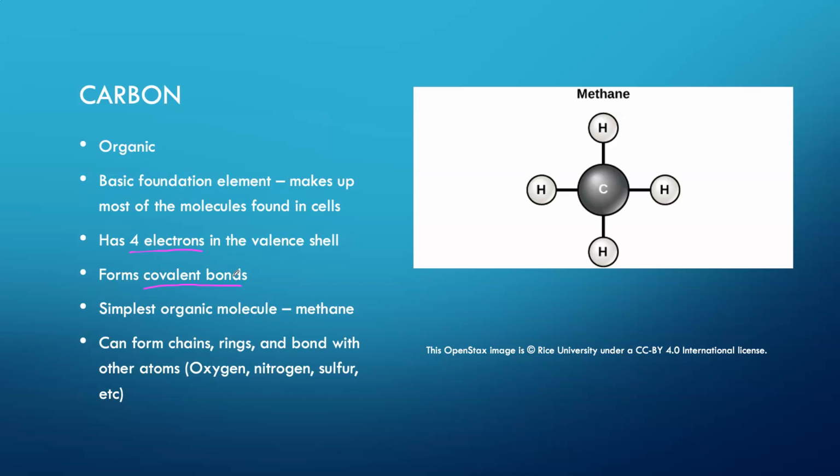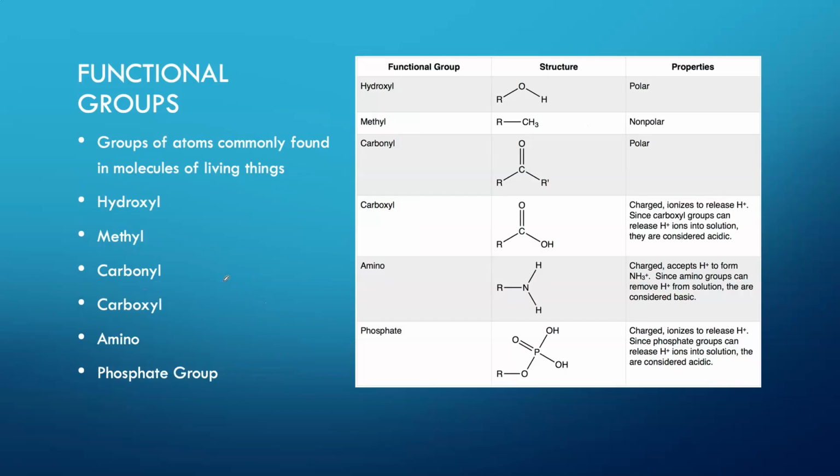It can bond to additional atoms of carbon, and it can also bond to things called functional groups, which we'll talk about in just a minute. The other interesting thing about carbon is it can form chains, okay, so just many carbons bonded together. It can form rings. It can bond with other atoms, as we mentioned, like oxygen, nitrogen, and sulfur.